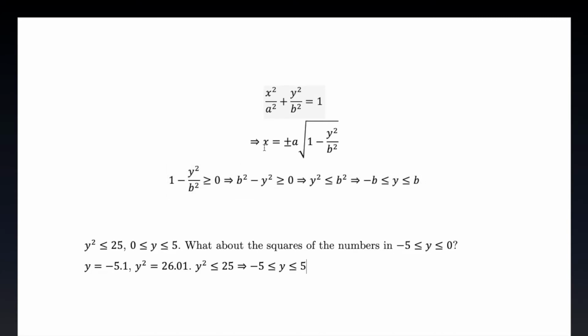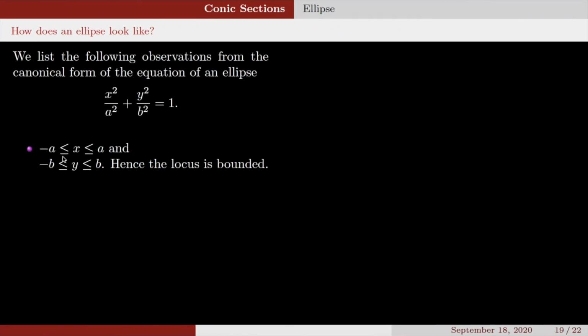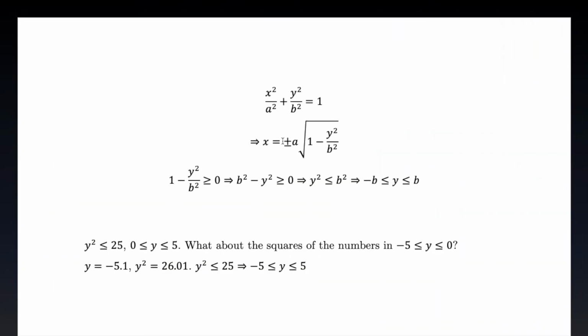So what we found is that to have a real value of x, y must be bounded between minus b and b. That justifies that y must be bounded between minus b and b. Similarly, if we had written this as y equal to plus minus b times square root of a square minus x square by a square, then in the same way we would have arrived at x bounded between minus a and a.